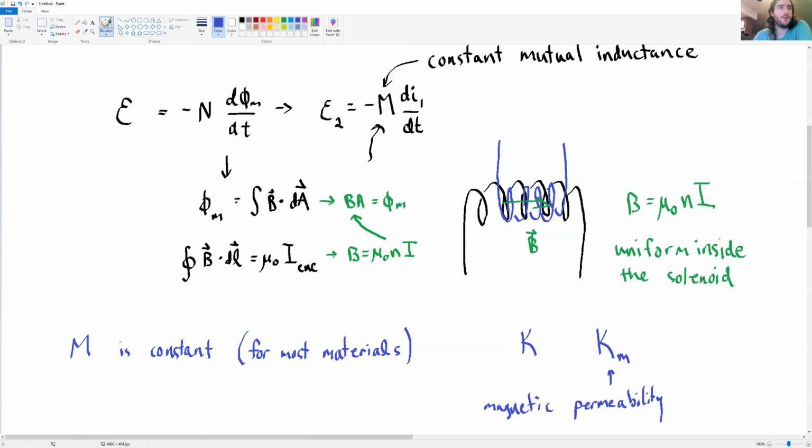So when you're dealing with materials which strongly react to magnetic fields, for example iron, you wouldn't expect a relationship like this to hold if you actually had iron wires instead of copper wires. Copper wires, which is what we typically use, have low resistance and are paramagnetic, not ferromagnetic. Iron is ferromagnetic, so it has a strong magnetic response. So for a material like iron, we would not expect a relationship like this to hold. It would be a little bit more complicated.